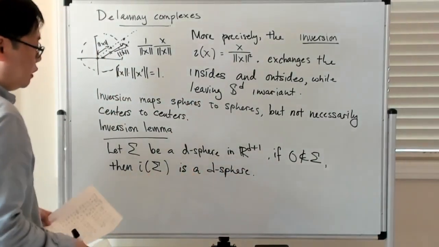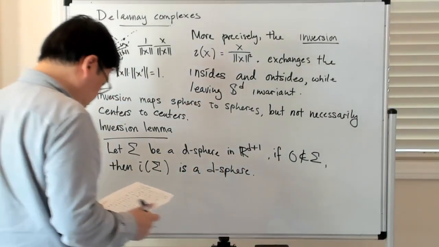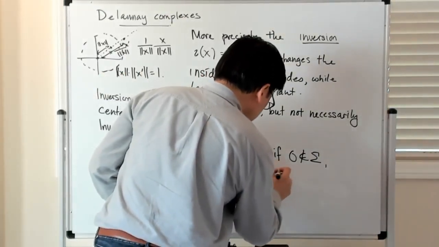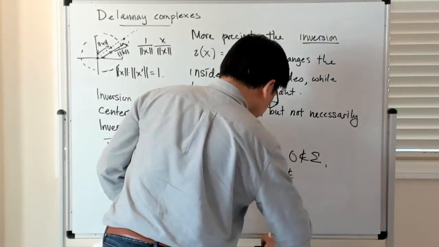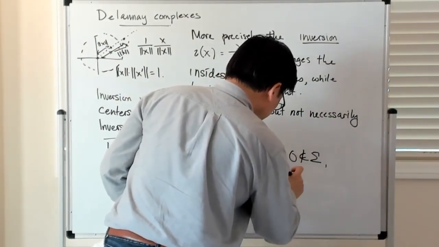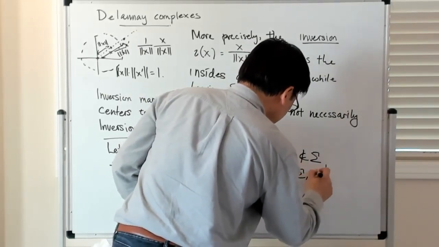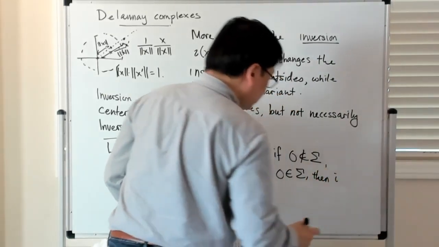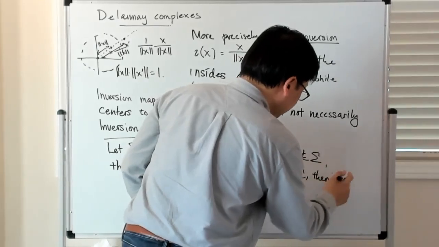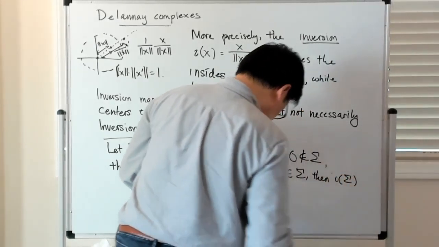And if the origin is an element of sigma, then the image of sigma under sphere inversion is a d-plane.